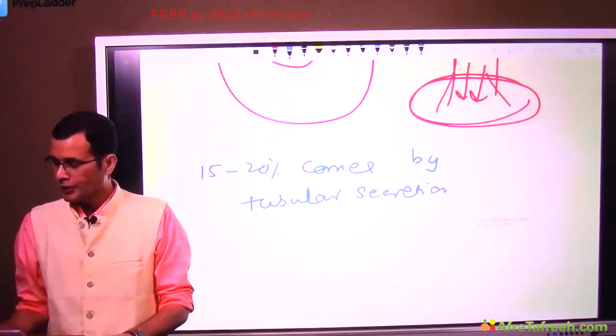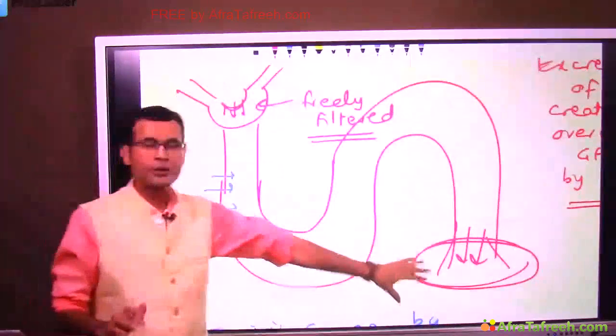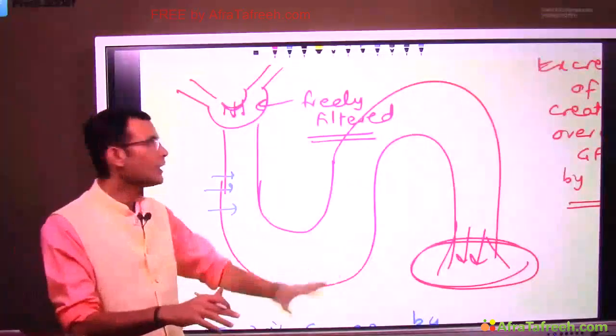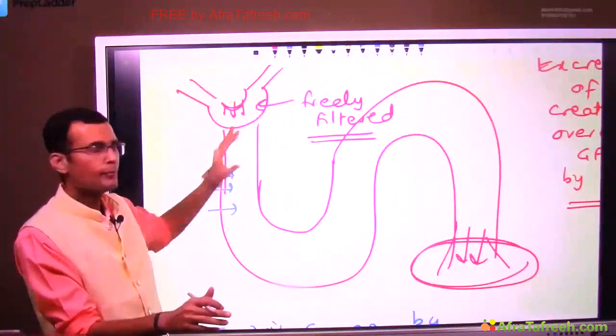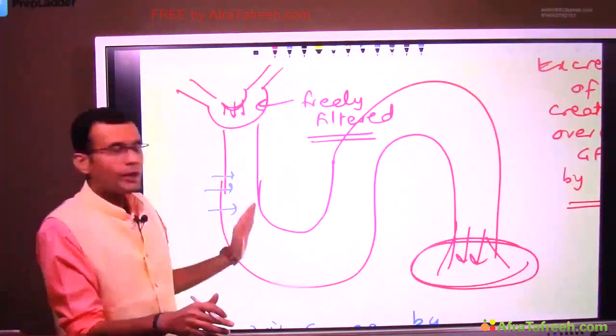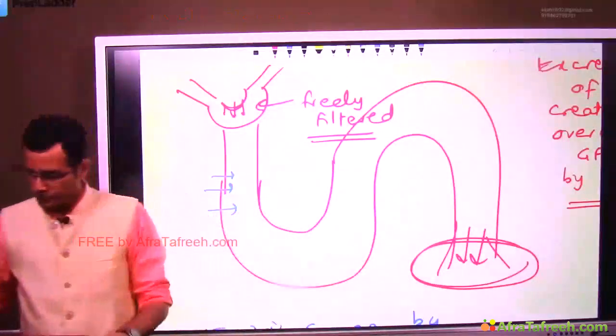So whatever is coming into the urine is not totally reflective only of the filtration of creatinine. 15 to 20% is coming into the urine by tubular secretion. Right.